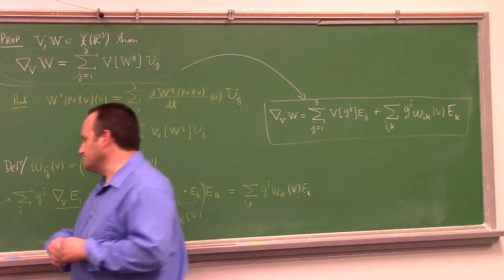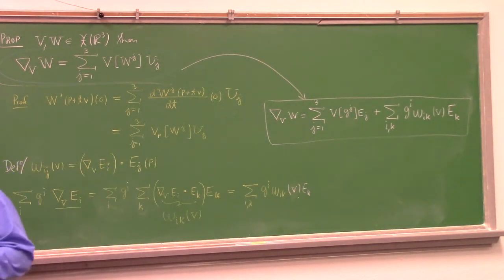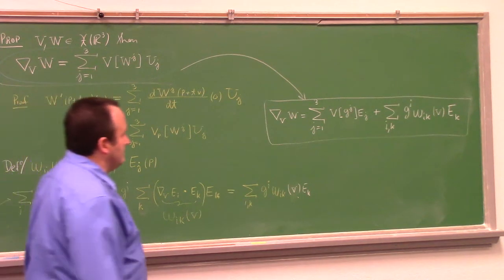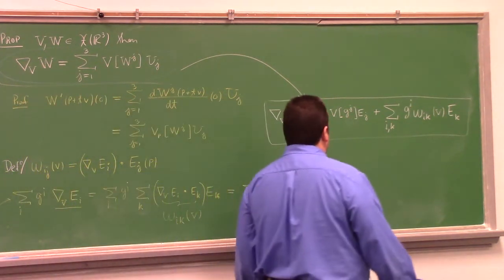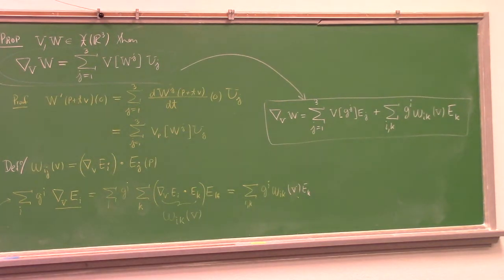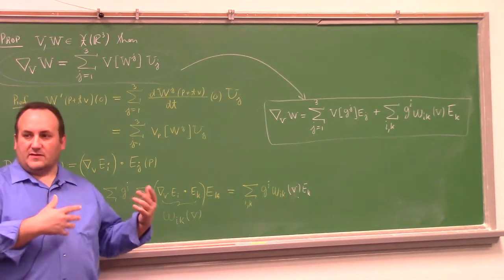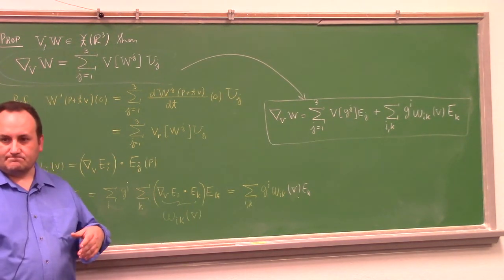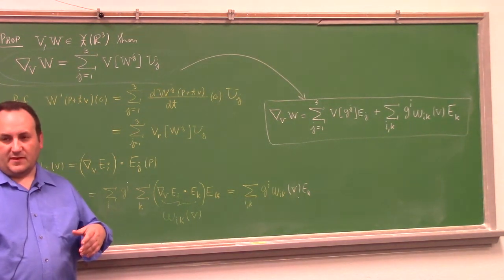Yeah, you can change that to the omega IK of V. But here's the interesting thing: as we study these kinds of things more, there's a way to do all of this with wedge products that ends up being particularly elegant.